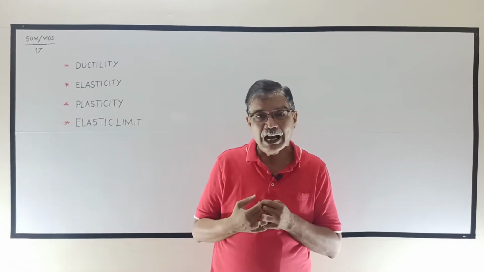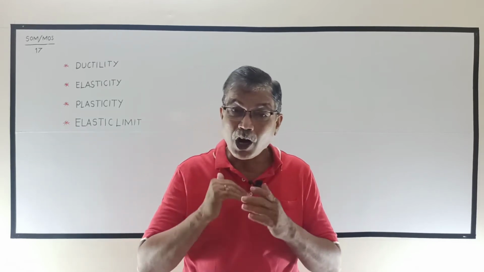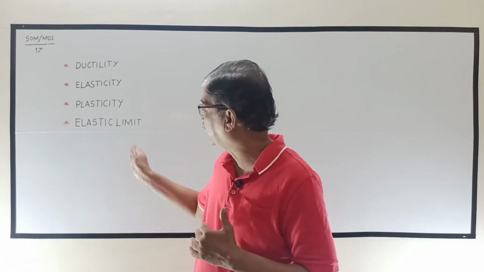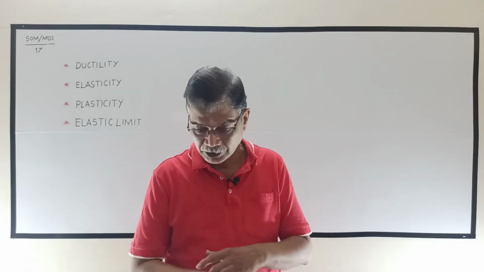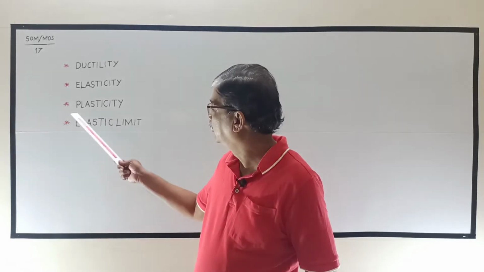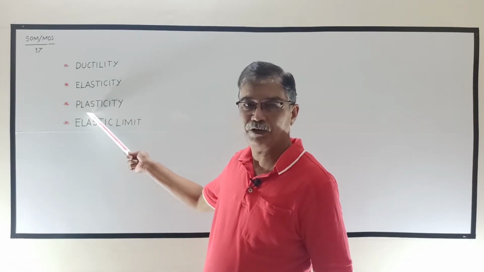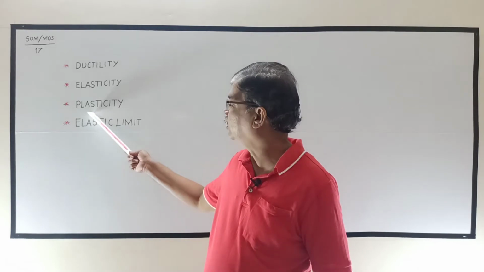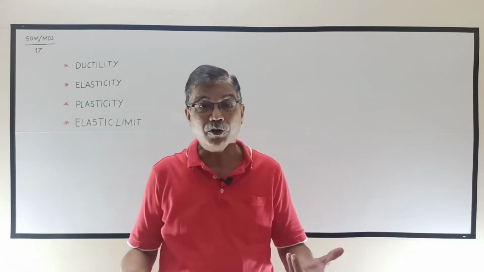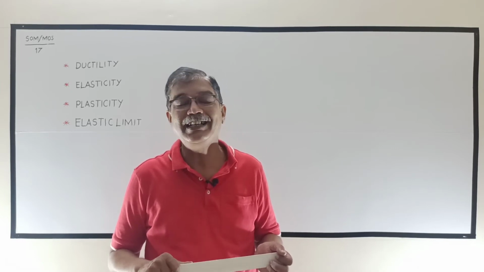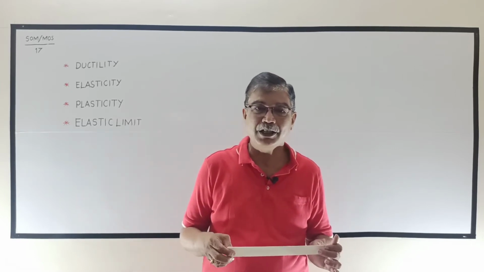Now, you will have a doubt in your mind, what will happen if the load exceeds this particular limit? Here we already saw that whatever deformations will be produced if load exceeds this limit, those deformations will be permanent, and that is known as permanent set.